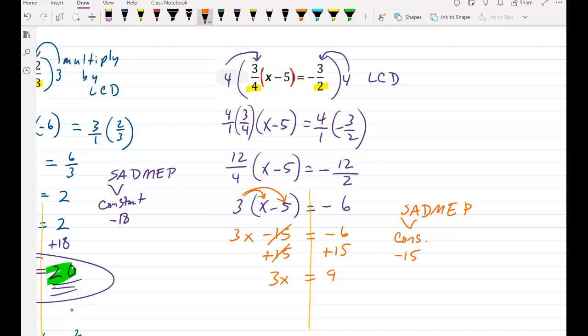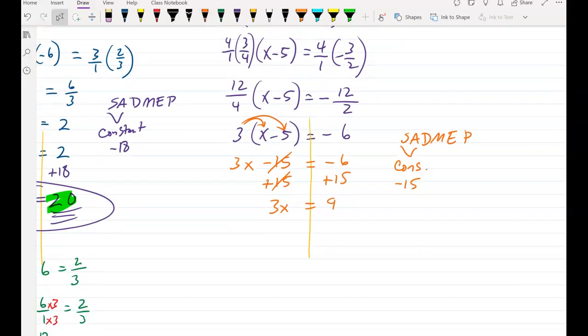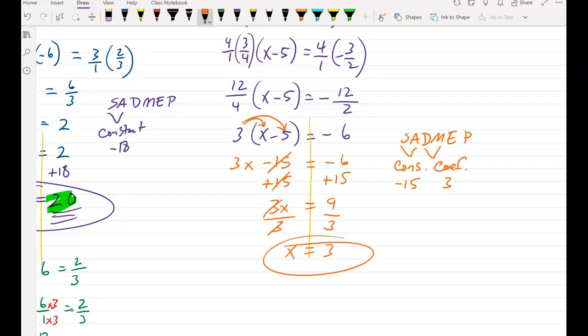That's 9. Negative 6 plus 15 is 9. And now I undo the division or multiplication of the coefficient, and that's 3, because that's what's being multiplied by x. I undo the multiplication by dividing by 3. 3 divided by 3 is 1. 1 times x is just x. And 9 divided by 3 is 3. There's our solution. X equals 3.